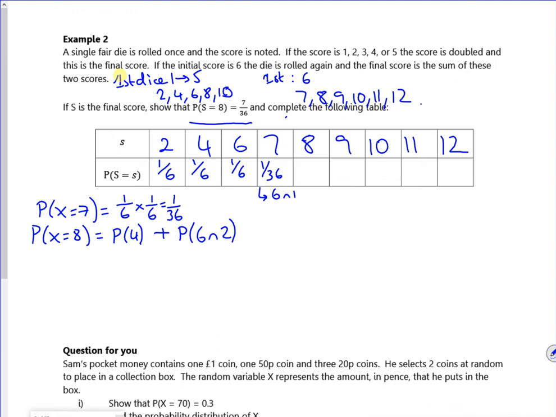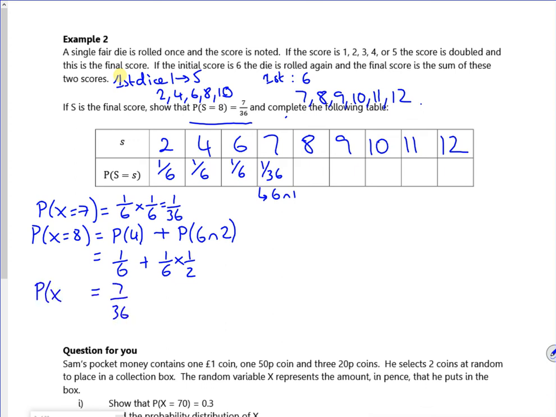So to get an 8, you can either do it from getting a 4, which would be 1/6, or a 6 and a 2 there. So if you put that in your calculator, that does give you the 7 over 36.